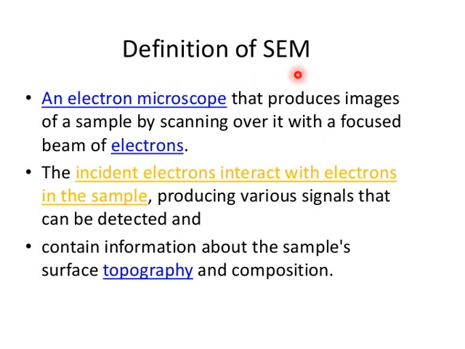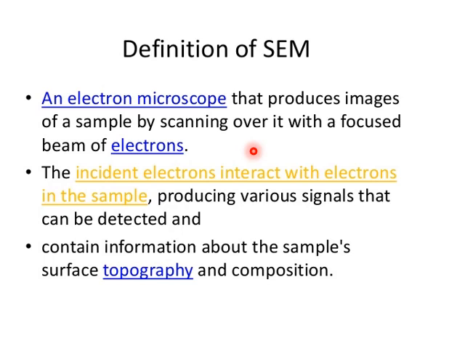Scanning electron microscope. This is another type of electron microscope, scanning electron microscope. An electron microscope that produces an image of a sample by scanning over it with a focused beam of electrons. This means the electrons will not pass through the sample as in the transmission electron microscopy.